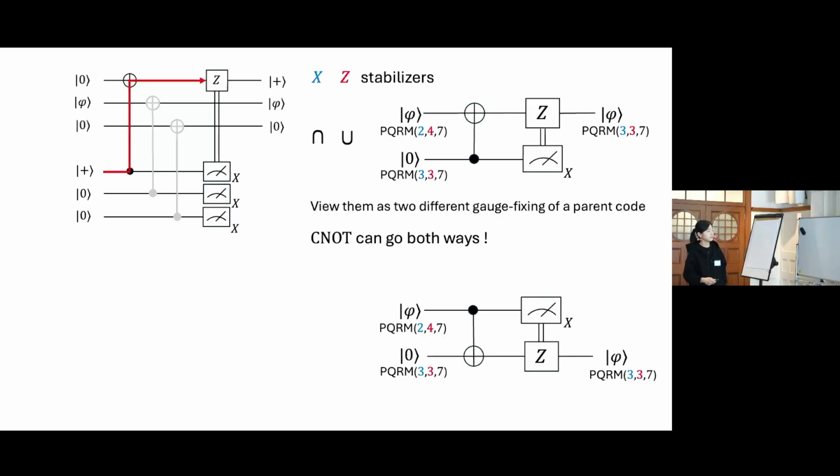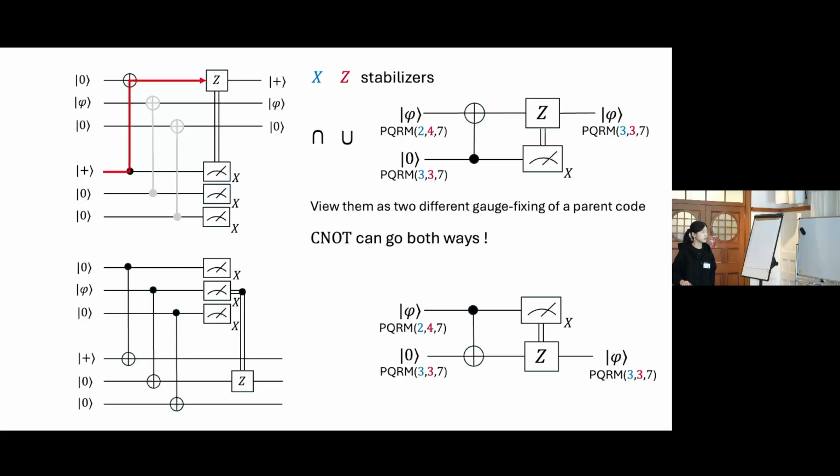Again, we consider this parent code and we write down something like this. And then you see these two CNOTs are doing nothing, because this is a target on plus, and this one is controlled by 0. And this is actually another teleportation gadget, by teleporting this φ to here. So you again end up in the correct state.